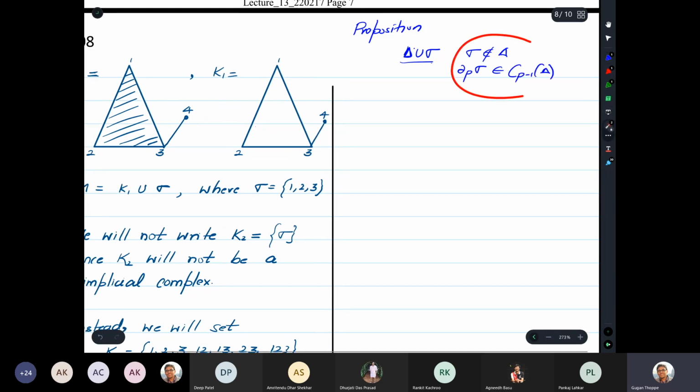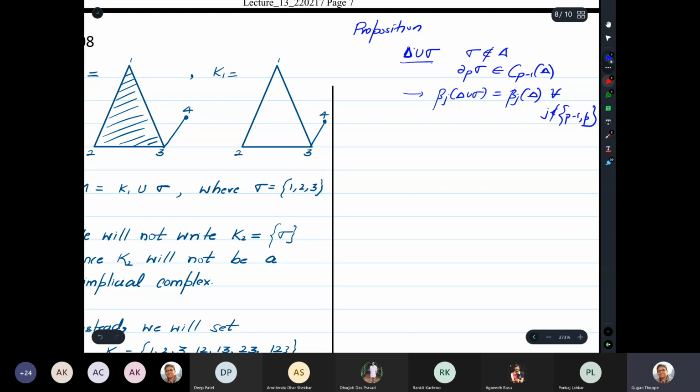This condition says that the face does not belong to delta, however all its boundary faces belong to delta. And three things can happen. First is that all other Betti numbers are preserved. So after you add sigma, the Betti numbers are preserved for all j not in p minus 1 to p.